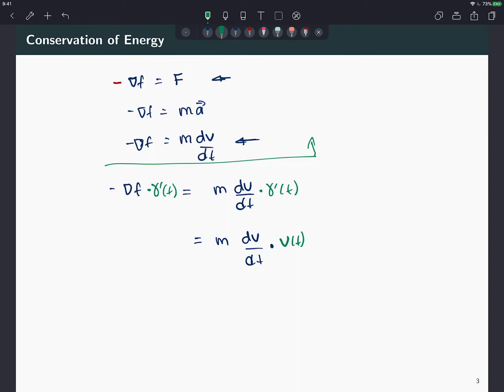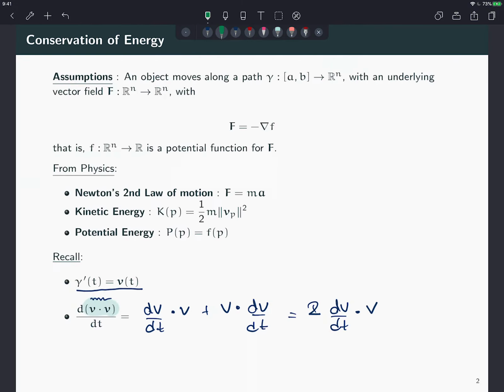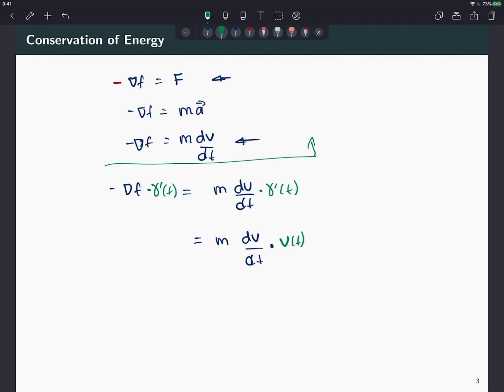And this is what I had over here. See, dv dot v is 1/2 of the derivative of v dot v, because I have this 2 right there. So let's put that in here.